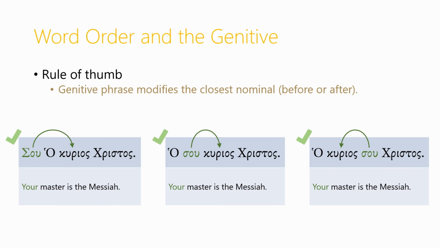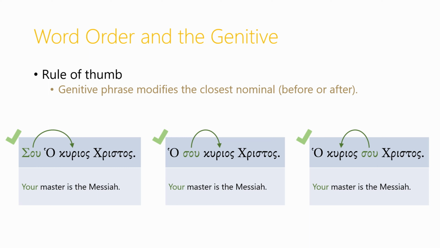We can even accept ho kurios sou Christos, because although we saw before that it's ambiguous, it's not actually misleading. It doesn't actually suggest the wrong connection for sou. So it's ambiguous, but we still see that kind of ambiguity quite a bit in Greek.